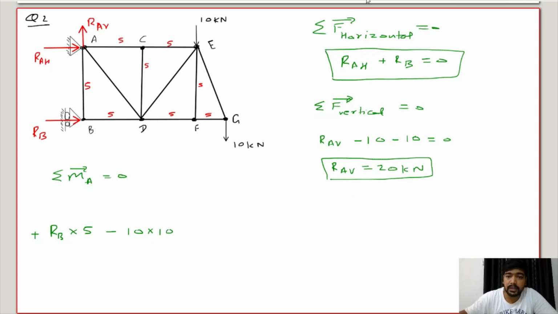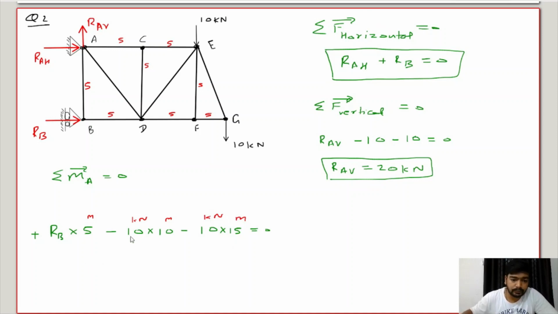Please be careful with the units: this is in meter, this is in kilonewton, this is in meter, right? From the load at point G, giving clockwise direction, so minus 10 kilonewton into 5 plus 5 plus 5, so 15, equals 0. Here also the unit is kilonewton meter.